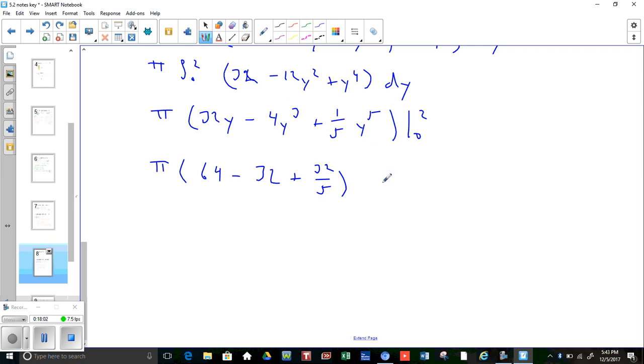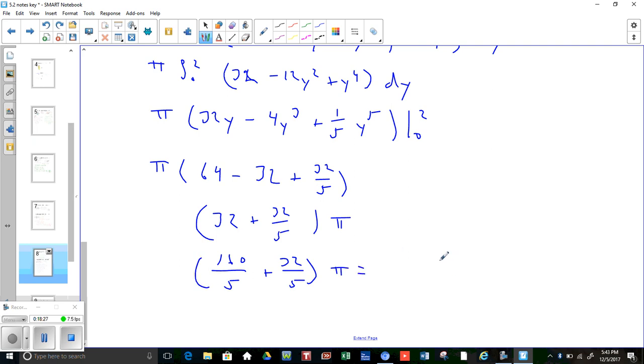And again, plugging 0 in makes everything go away. That's nice. So 64 minus 32 is 32 plus 32 fifths pi. And 32 in terms of fifths, we already worked that one out earlier, was 160 over 5 plus 32 over 5. So we should end up with a volume of 192 fifths pi.